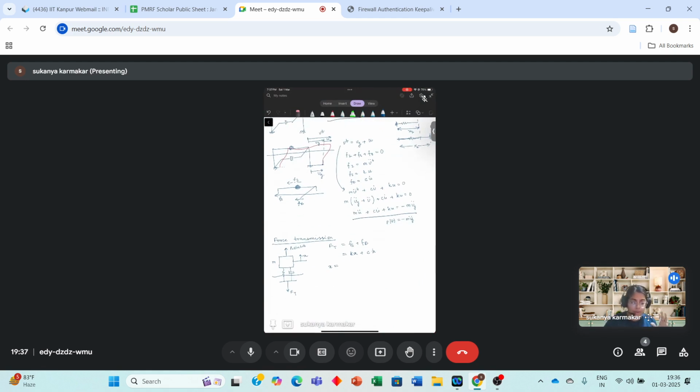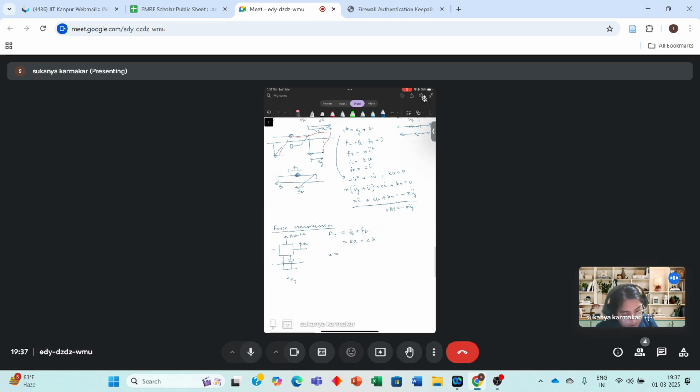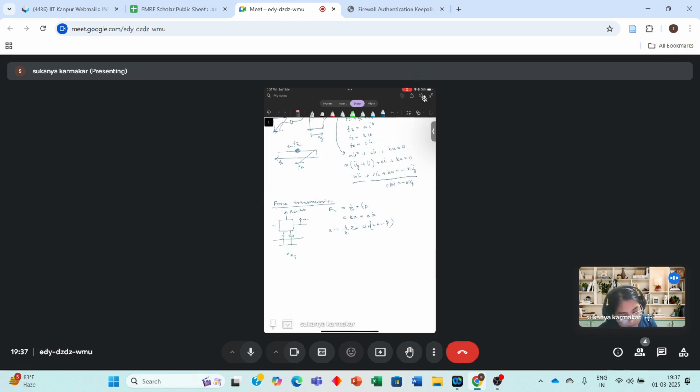So if you go through that expression, you'll understand that x is p naught by k Rd sine of omega t minus phi. At this stage, let's accept that this is the solution. Then we can substitute this x back into the expression above, which is p naught by k Rd.